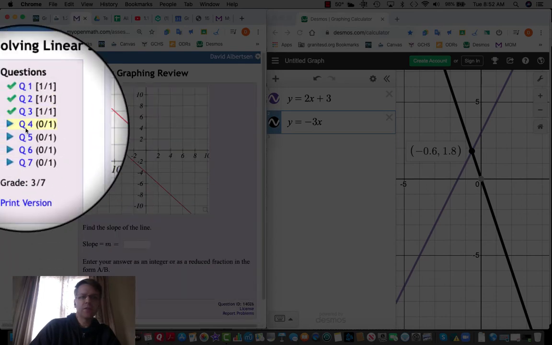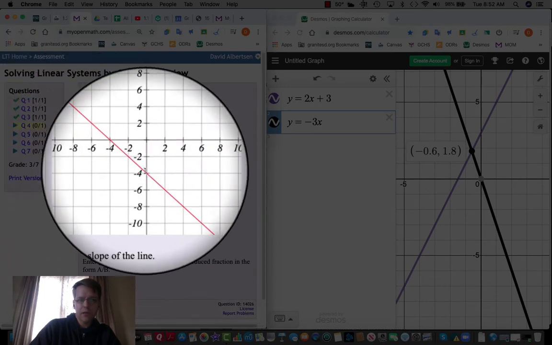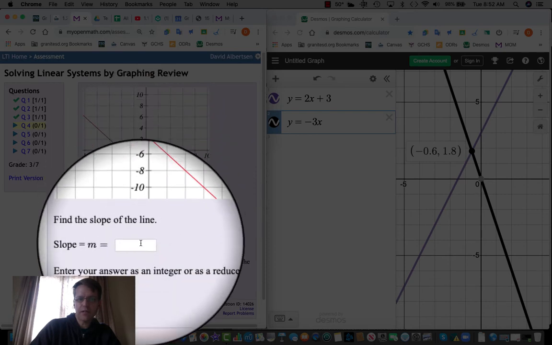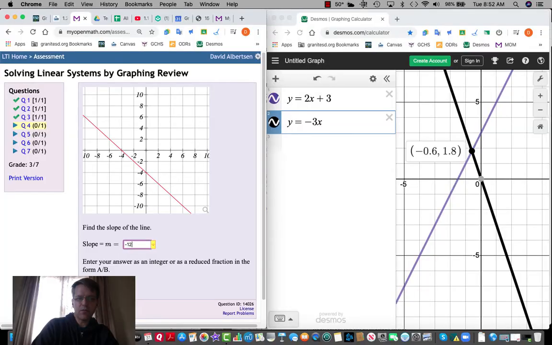How about this one? Find the slope. Well, the slope is what is it changing by? We can do rise over run. So if I pick a point here, let's pick this point at negative 4. I'm going to go down one box and over one box, down one box, over a box, down one box, over a box. So I'm going down one box and over one box.